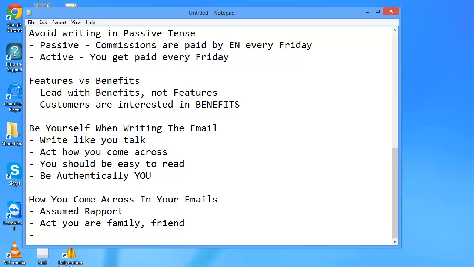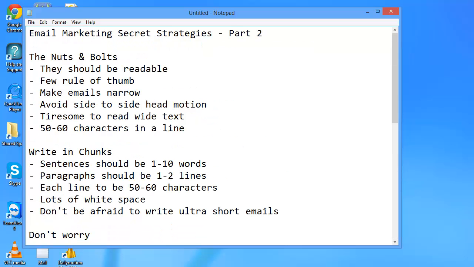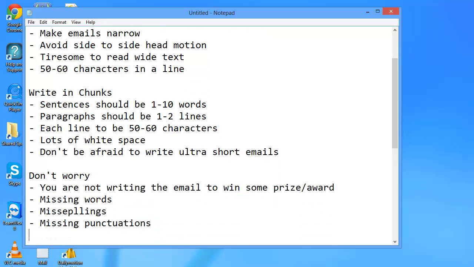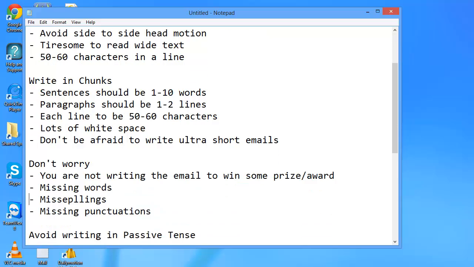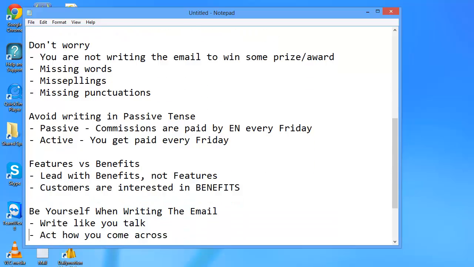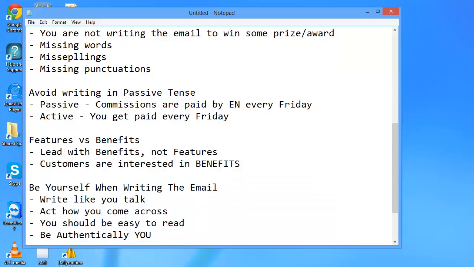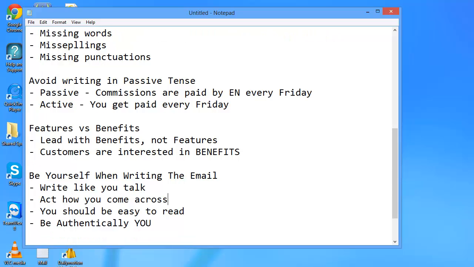So basically, these are the things that I can remember, or I should say, let me see if I have missed something. You should write like you talk. That I have already said. Write like you talk, easy to read.